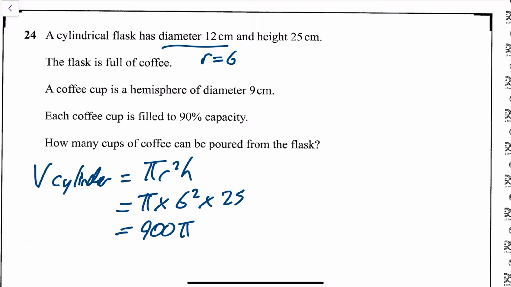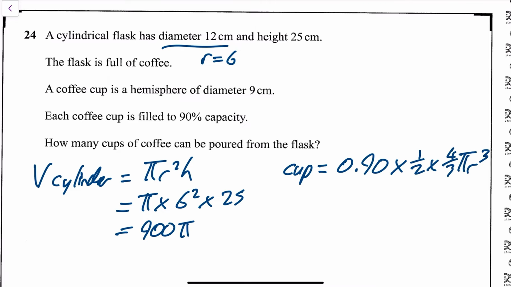Now the hemisphere, we'll say 1 cup, which is a hemisphere. Right, first of all, let's sort out the 90%. So 0.9, and it's a hemisphere. That's half of a sphere, so it's a half times 4 over 3 pi r cubed.